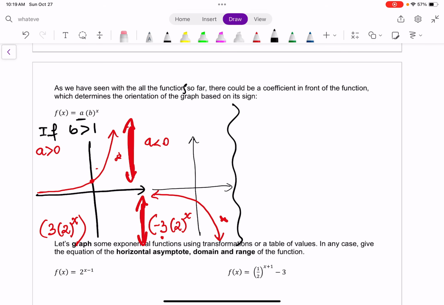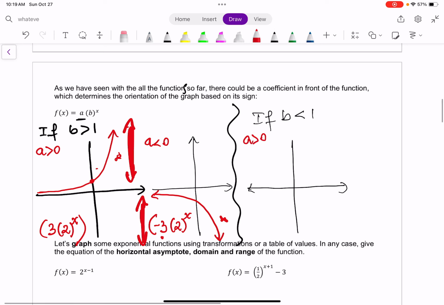So now if you have an exponential function with a base less than 1, again, if a is positive, so in other words, you have maybe 3 times 1/2 to the x, your function is decreasing and staying above the x-axis.